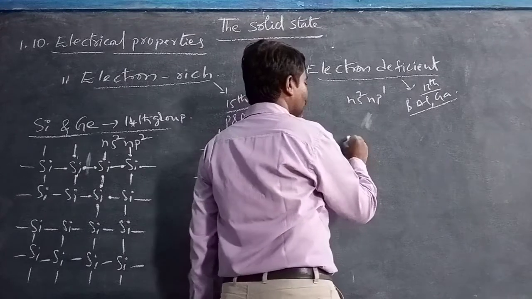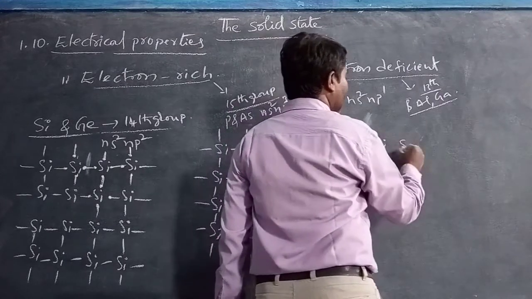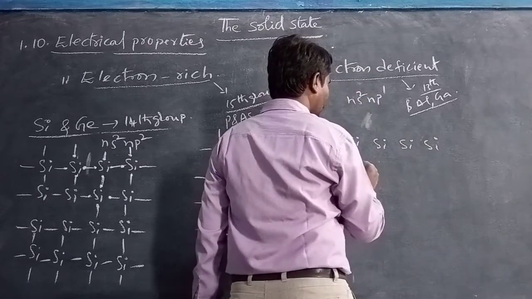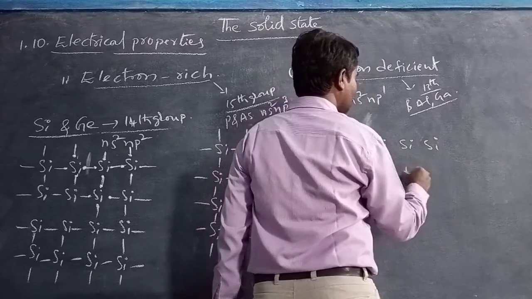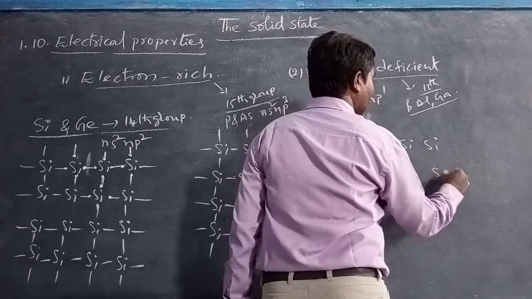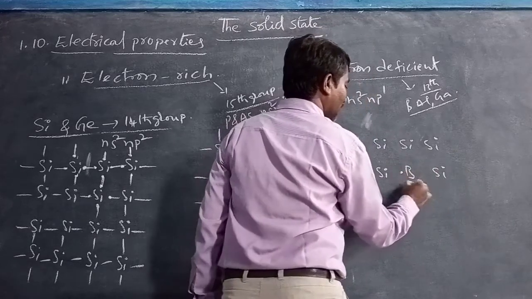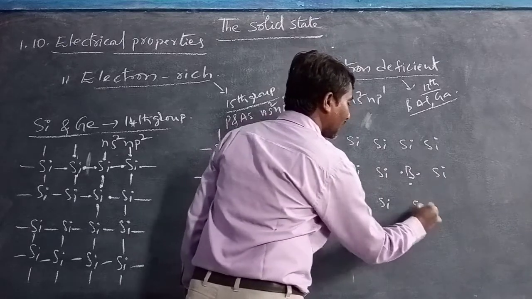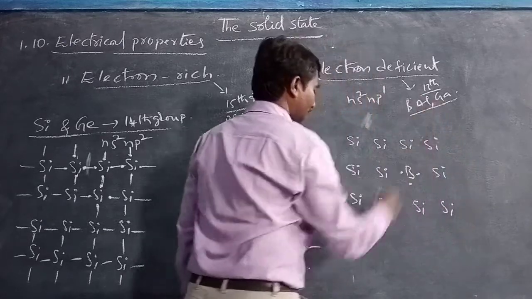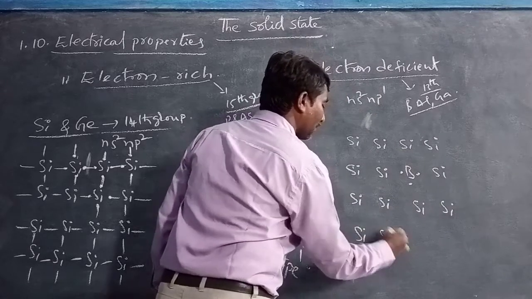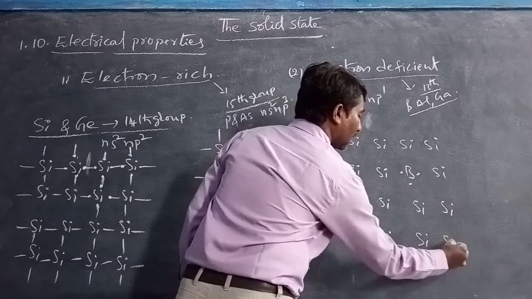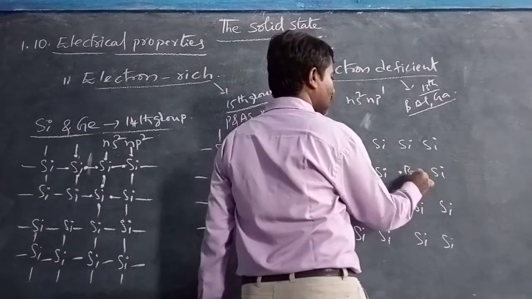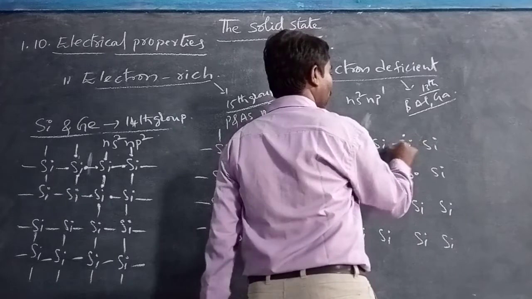What happened? Silicon has 4 electrons around it, and boron has 3 electrons. So it gives a positive hole. Only 3 electrons here, while this has 4 electrons.